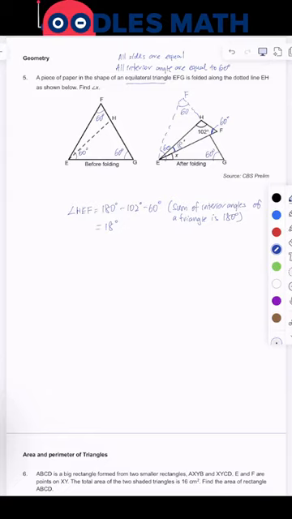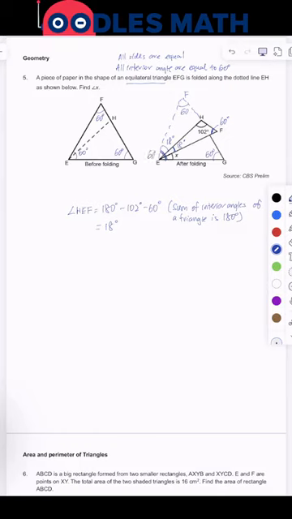So knowing that, because it's folded, a mirror image of it, that means this angle here is also 18 degrees. So when unfolded, this angle will also be 18. And we know that the whole total of that angle in the corner is 60 degrees.